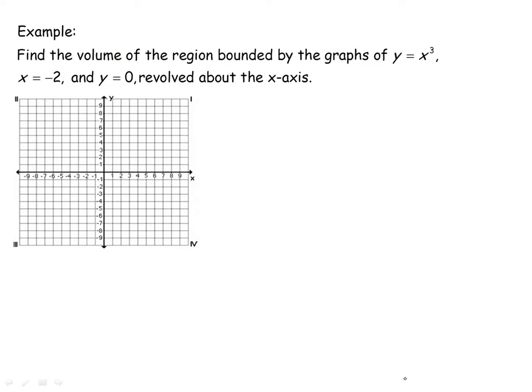Since we are revolving about the x-axis, we do need x boundaries. So my x boundaries are going to be, we've already talked about, from -2 to 0. If we graph this, that's fine.